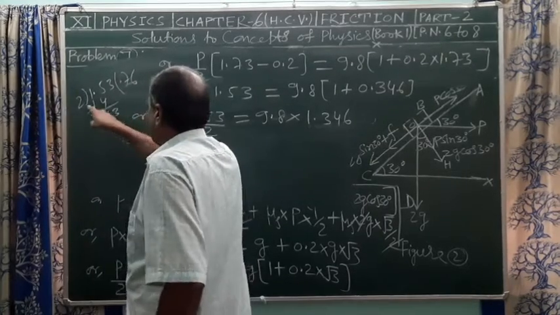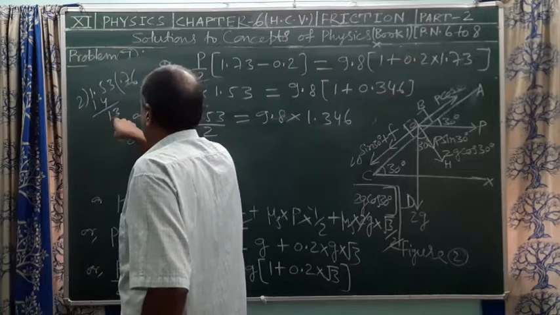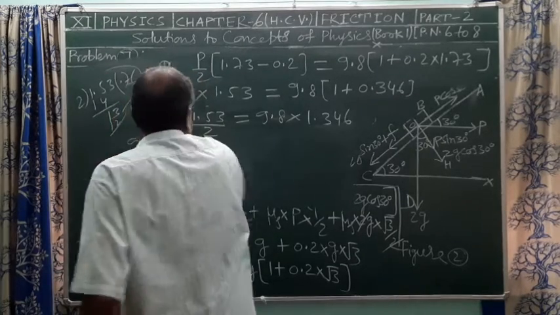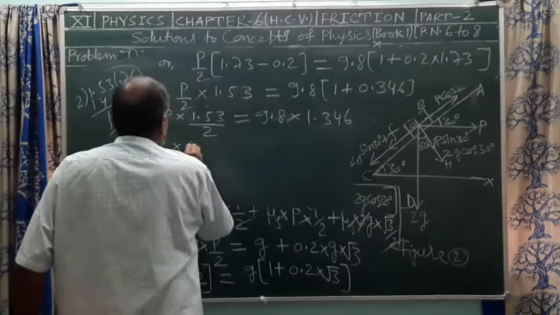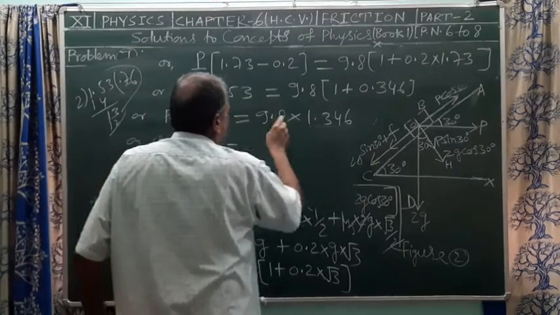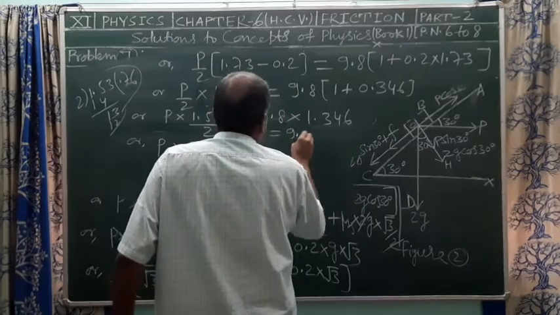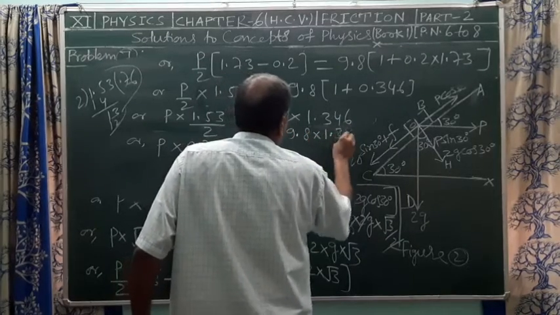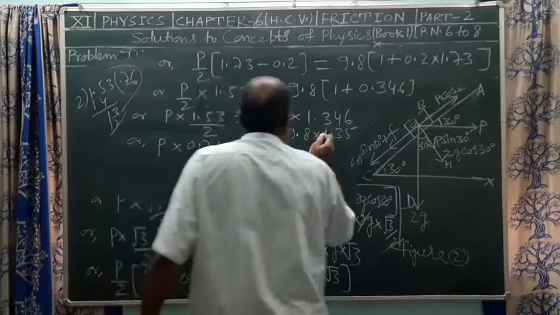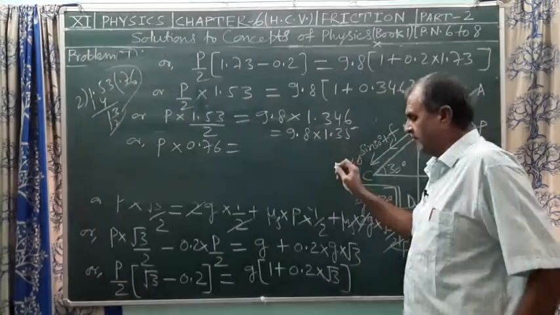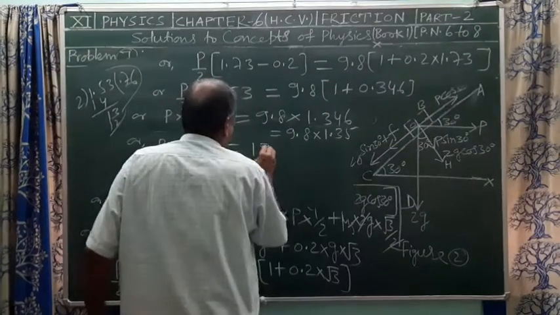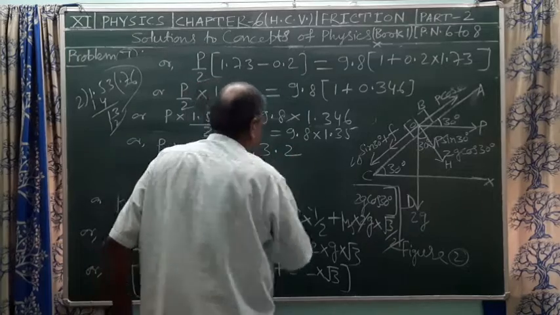So in LHS p into 0.76 equals to 9.8 into 1.346, we can write it as 9.8 multiplied by 1.35, and in RHS now if we multiply 9.8 into 1.35, we have already obtained in the previous problem 13.2.